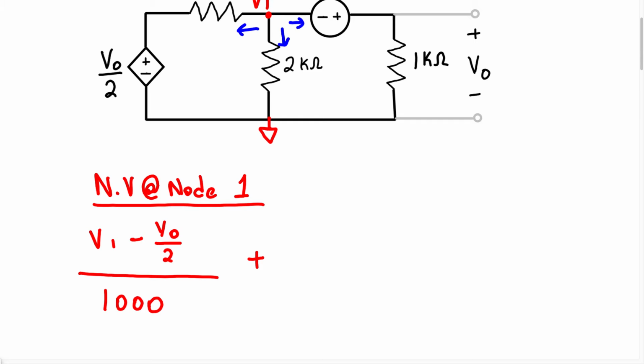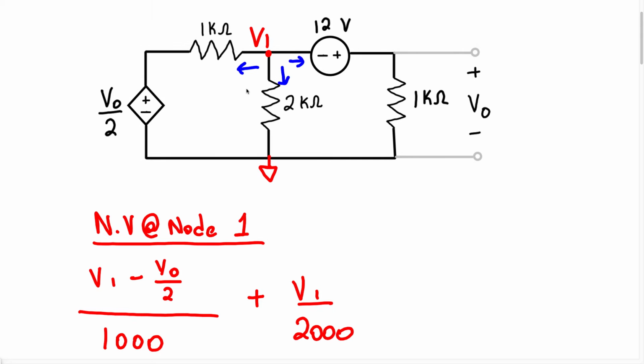V1 divided by 2000, which is the current in this branch here, plus, whoa, now look at this. This one's a little different, right? We have the node voltage at node 1, but we have a voltage source with a resistor. And these two are going to be in series.